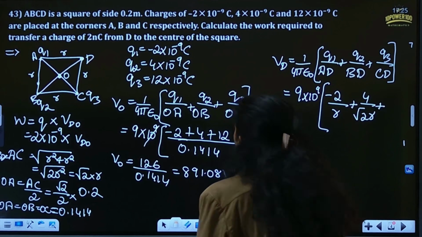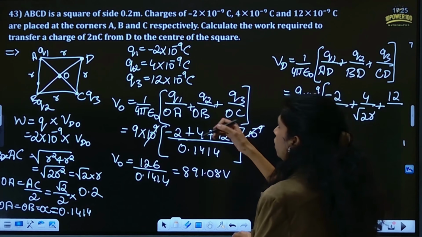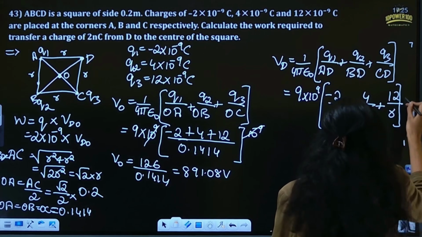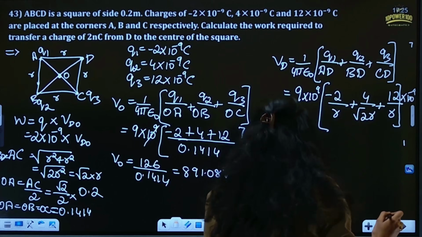Plus the value of Q3 is 12 divided by the distance CD, which is R.